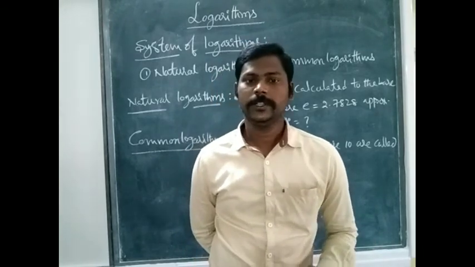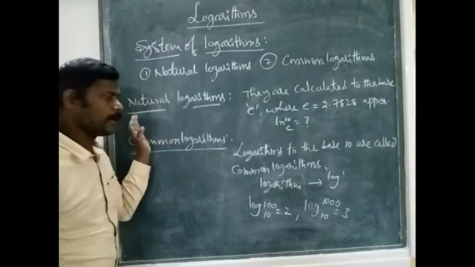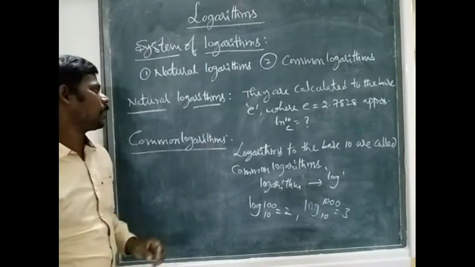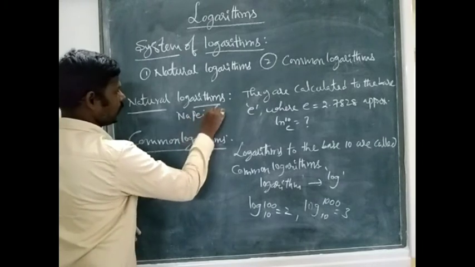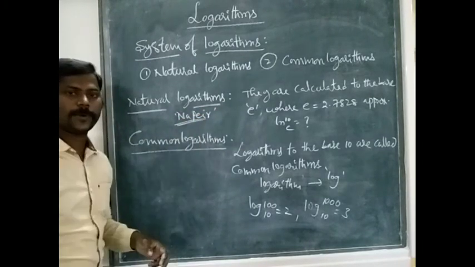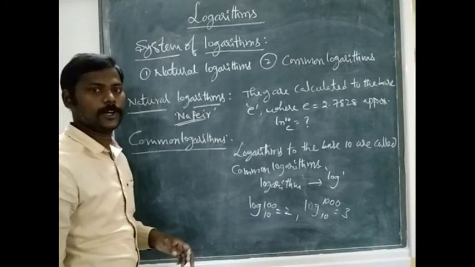Okay, children? So, here is one more important point. Natural logarithms are also called Napier logarithms, because this type of logarithm was introduced by John Napier.